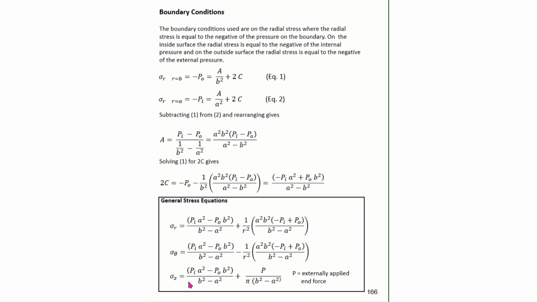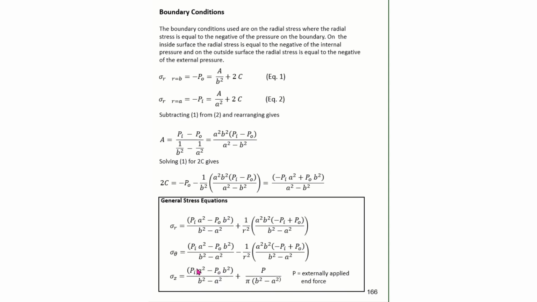Down here on the sigma z equation, this term right here represents the axial load in the material. So this is essentially the force over the area type of expression for the axial part. Again, Pi is the internal pressure, Po is the external pressure.